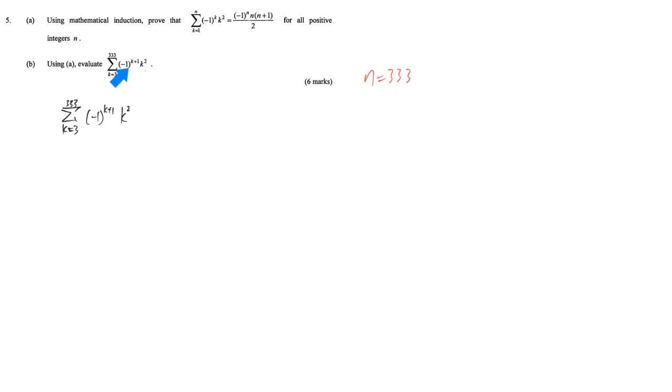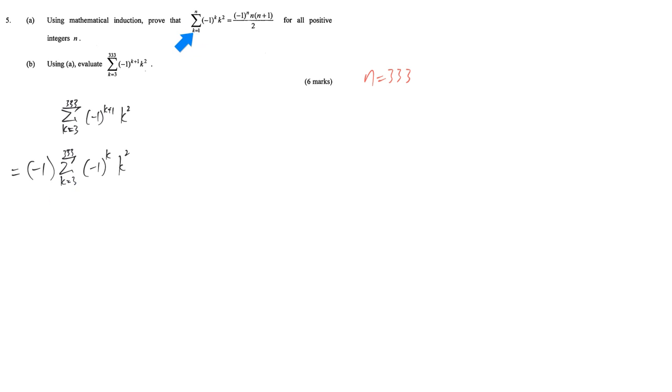But at the same time, beware that this is k plus 1, to the power of k plus 1, while this one is k only. So we are going to isolate this item. We just extract negative 1 outside, and then this one will become negative 1 to the power of k only. Afterward, there's still some small difference about the starting point, which here is 3.